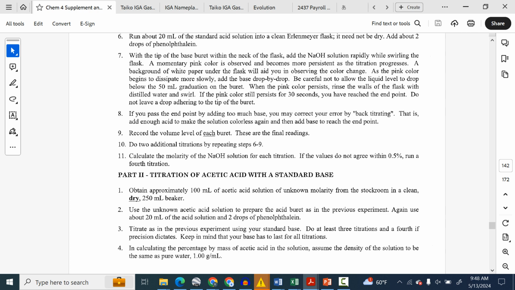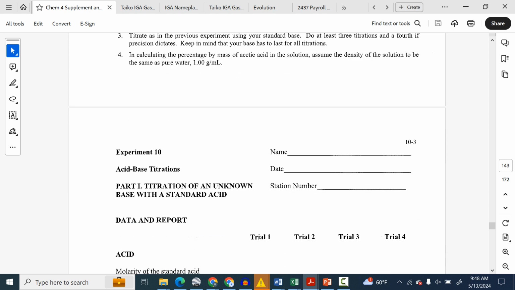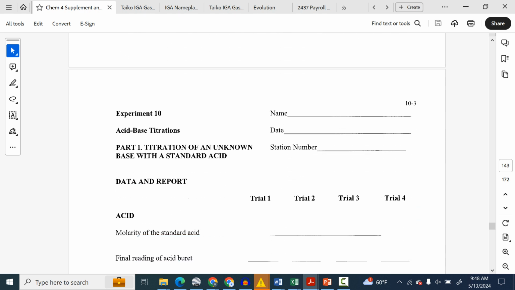And then you could figure it out using the equation for percent. What is the generic equation for percent? Oh, that's the percent yield. What is the percent composition equation? Percent composition.